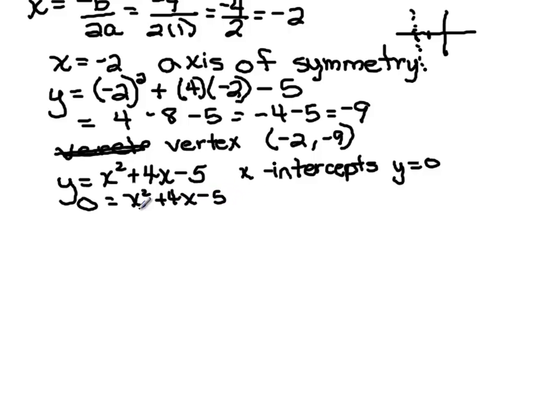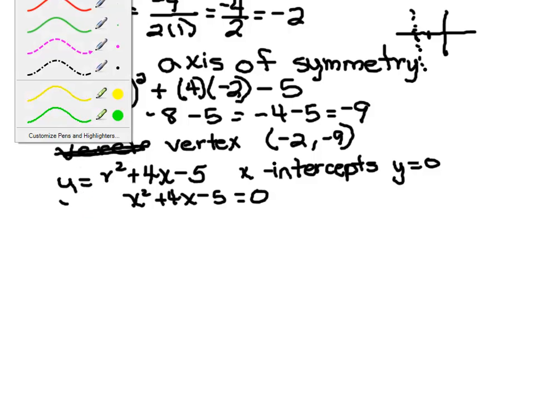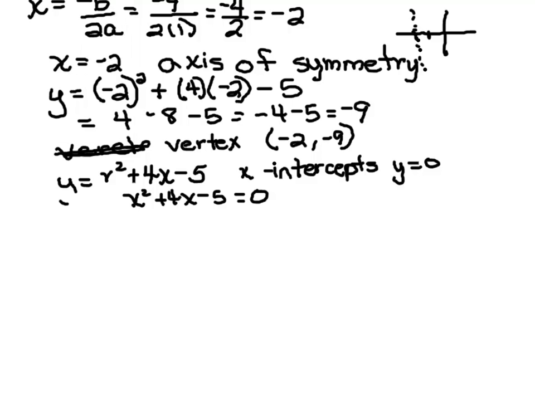And since this is a quadratic, I'm just going to put equals. I like my equals 0 over here on the right. I'm going to reach up here and change to my eraser and erase that on this side, because I prefer my 0 on the right hand side.